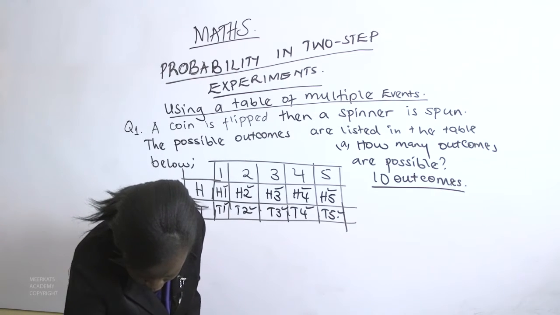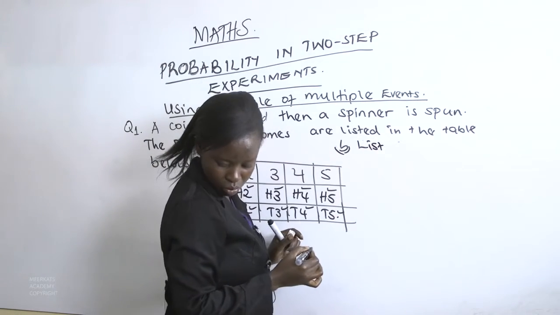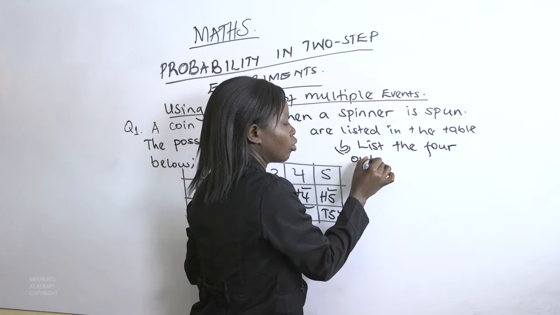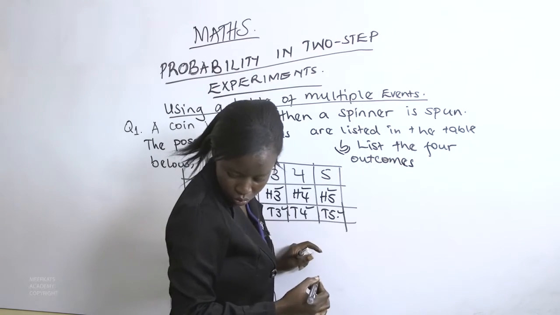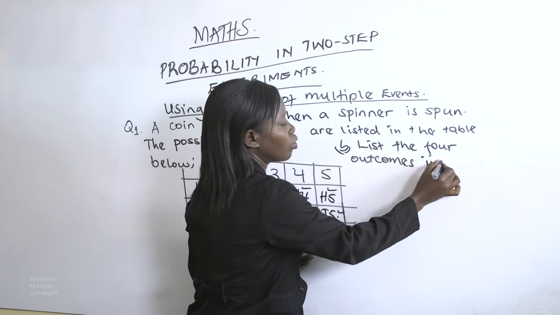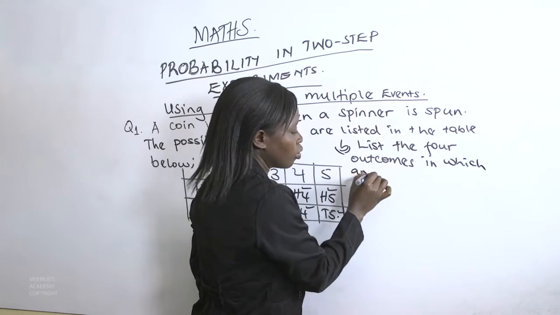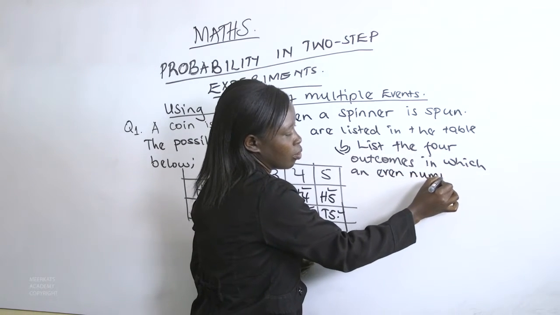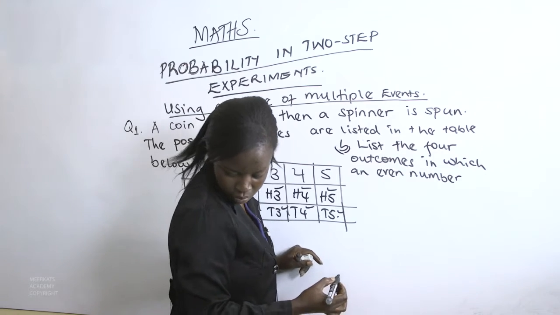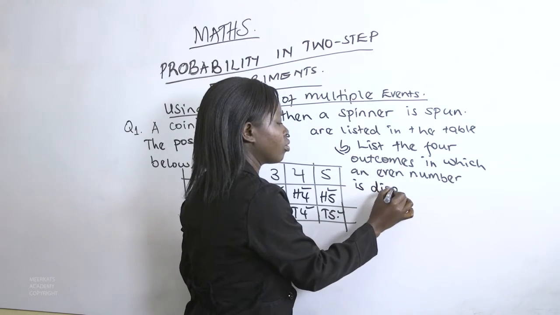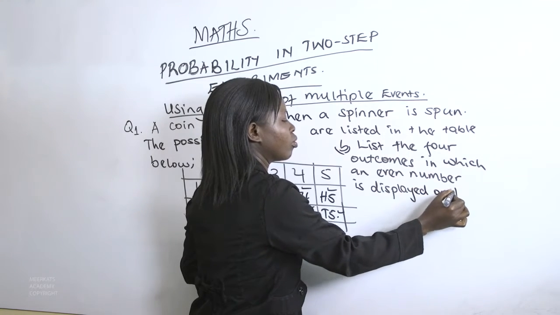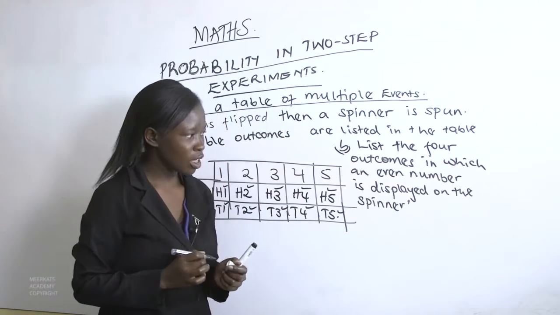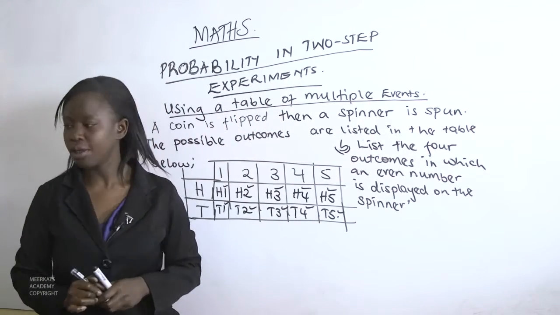Part B of the question. List the 4 outcomes in which an even number is displayed on the spinner.